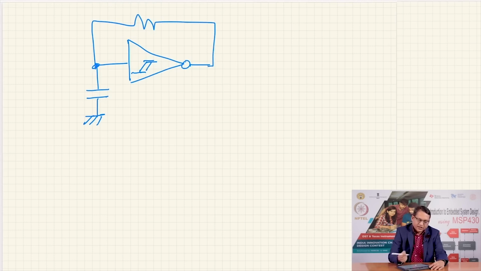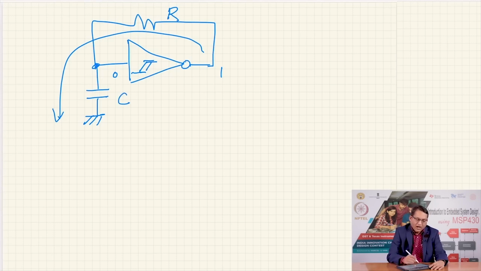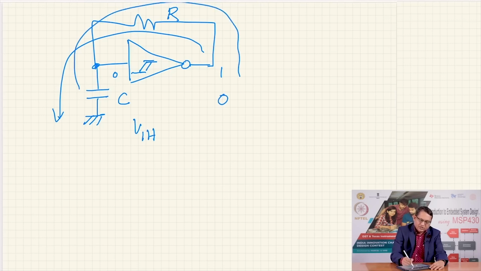and we can consider, let us say the input is 0, because this is an inverter, the output becomes 1. It charges the capacitor through this resistor using the time constant R and this capacitor C. As the capacitor gets charged and the voltage on it increases, goes beyond the VIH threshold, it turns the output low, and now the capacitor discharges through this, and so it leads to an oscillation.